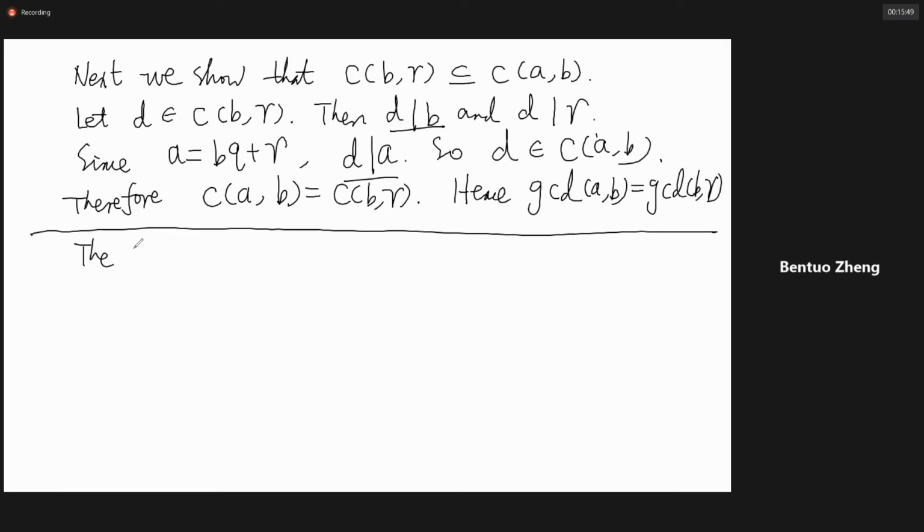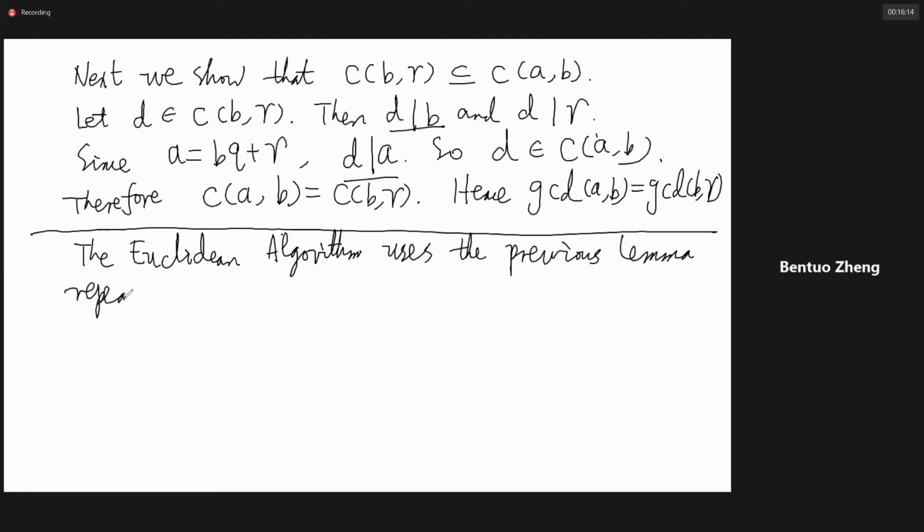The Euclidean algorithm uses the previous lemma repeatedly to find the greatest common divisor of two integers a and b. All right, so let's look at an example.